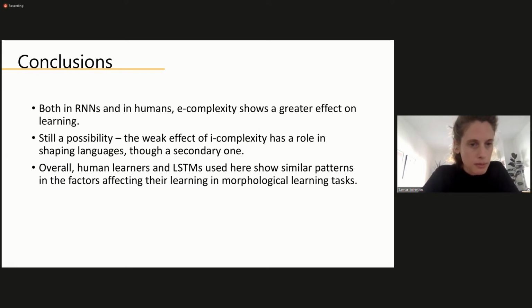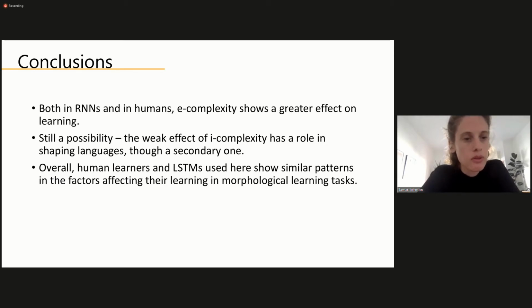And it is still a possibility that the weak effect that we saw in I complexity has a role in shaping languages, maybe through generalization or learning of paradigms, but that will have to be only a secondary role rather than a main role in shaping languages.